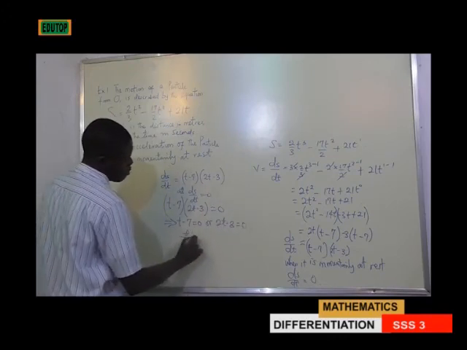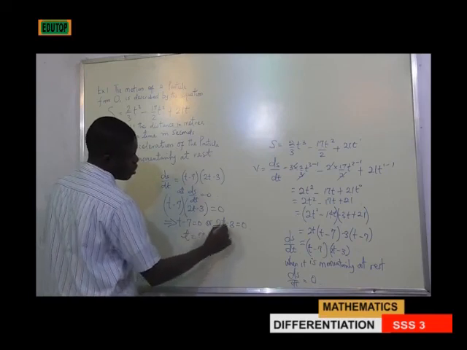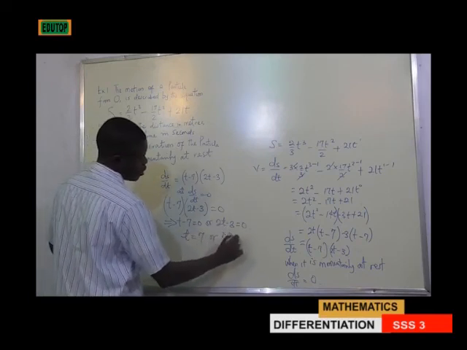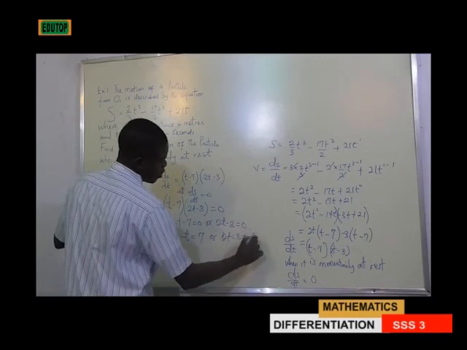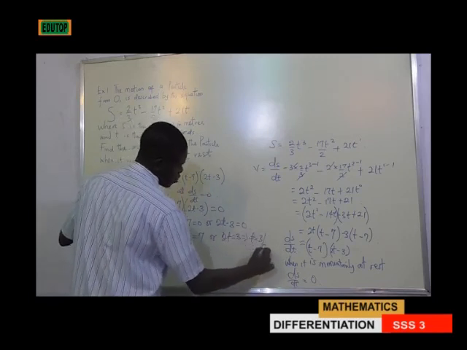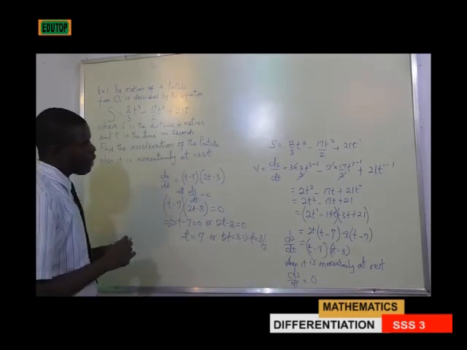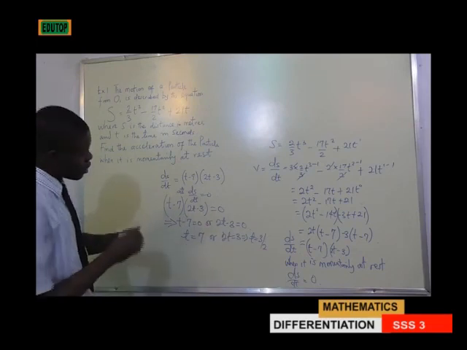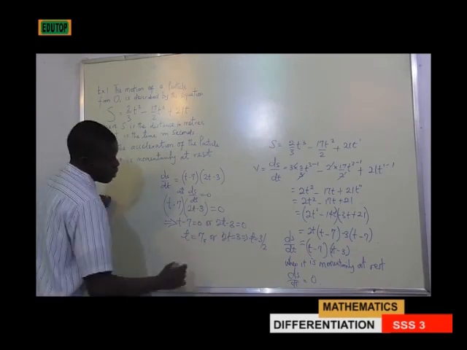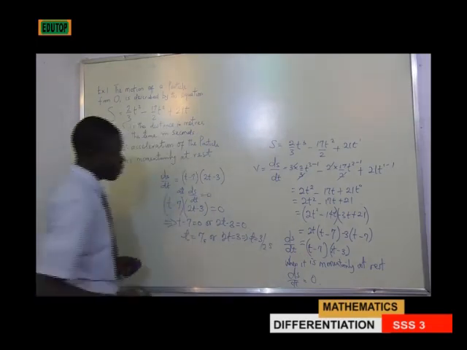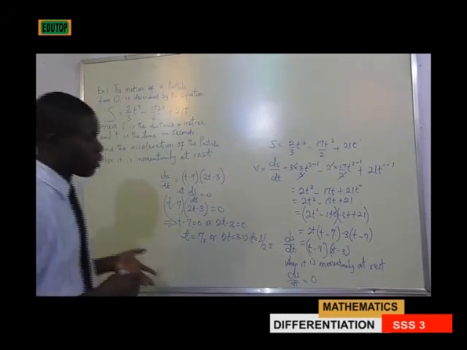Then t will definitely be equal to 7, or 2t equals 3, which implies that t will be 3 over 2. This t is in seconds, because it is measured in seconds.